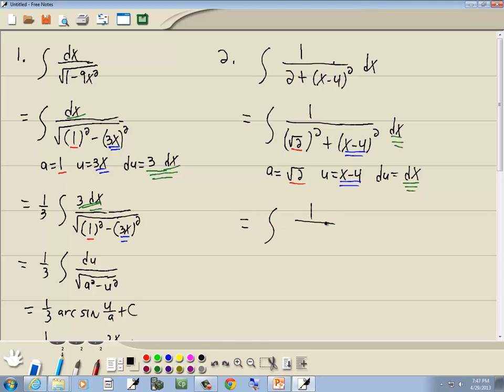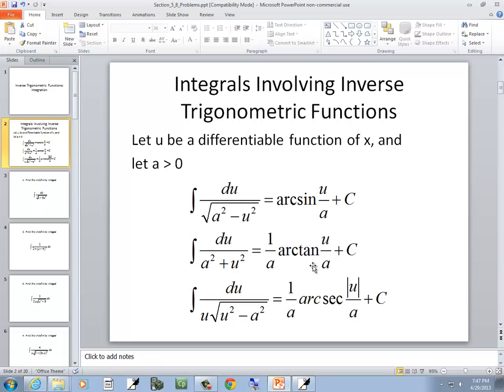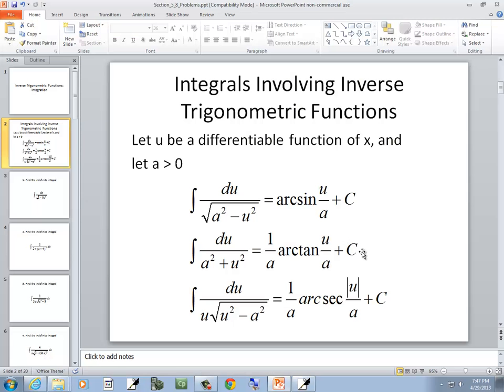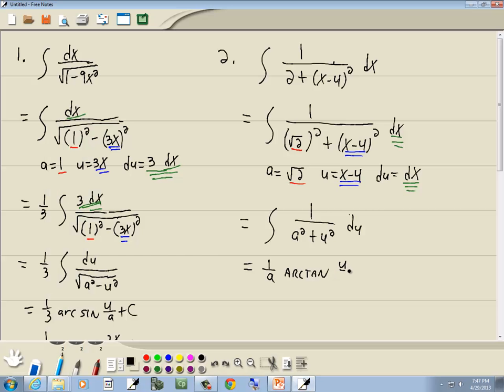So this is going to become 1 over, I replace the square root of 2 with a, so we've got 1 over a squared plus, and I replace the x minus 4 with u, so that's u squared, and dx I replace with du. Now this matches our formula exactly. Du you can have up on top or to the side, it doesn't matter. But it becomes 1 over a arctangent of u over a plus c.